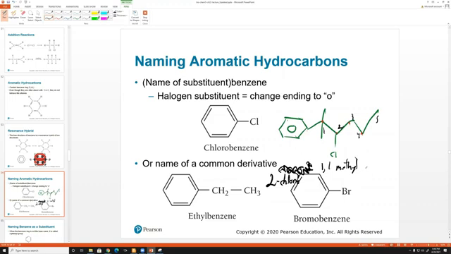Wait, Professor, why aren't you counting the carbon before the substituent on the left? You mean here? Yeah. That's part of the benzene. Okay. So what we're going to name this whole thing is a propyl benzene. No, sorry, a pentyl benzene.